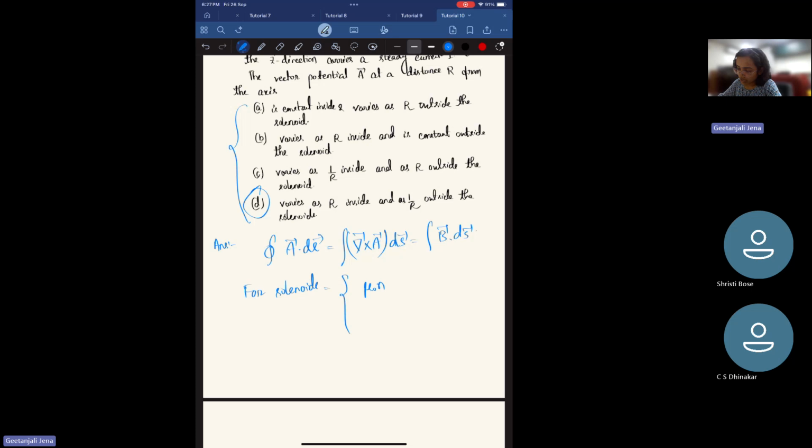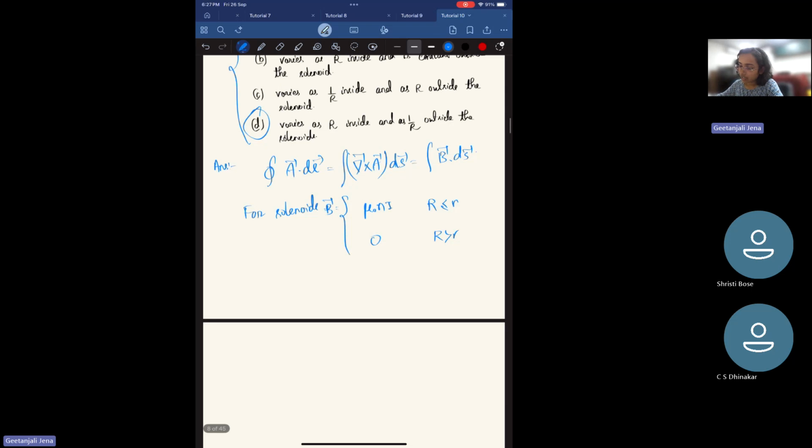So B is mu naught n I for r less than R, and it is 0 outside. So you know the magnetic field, and what is the direction of this vector potential? Anyone can tell? What is the direction of this vector potential?